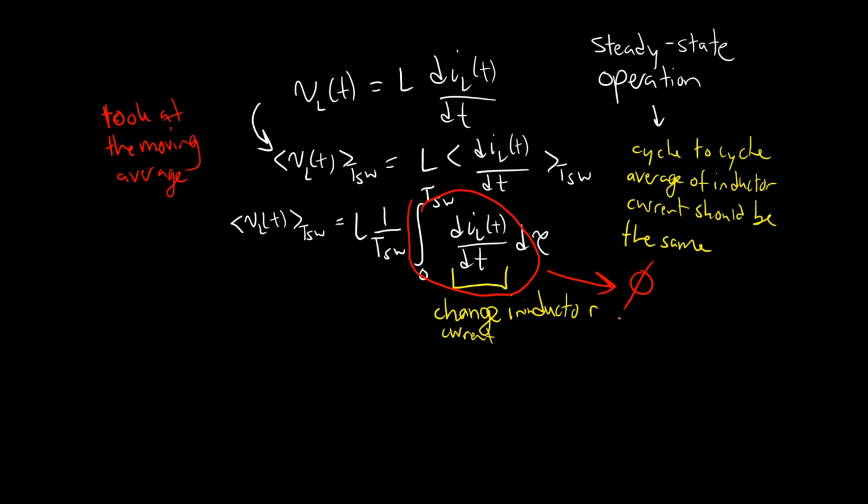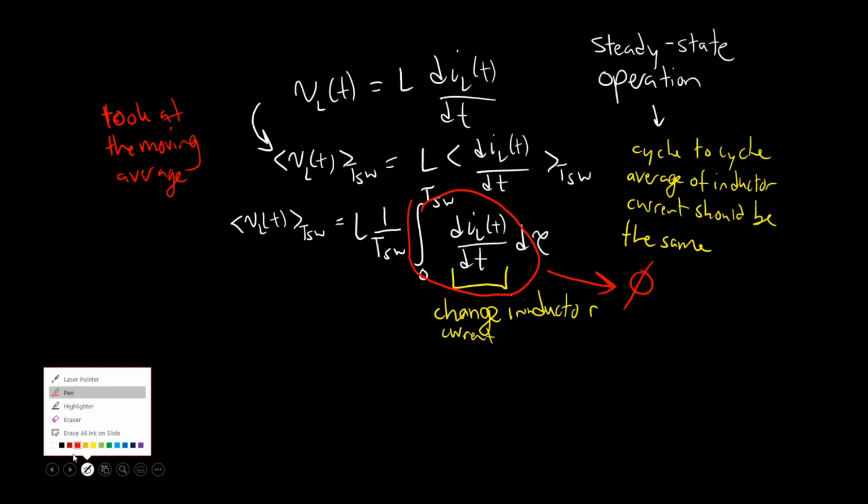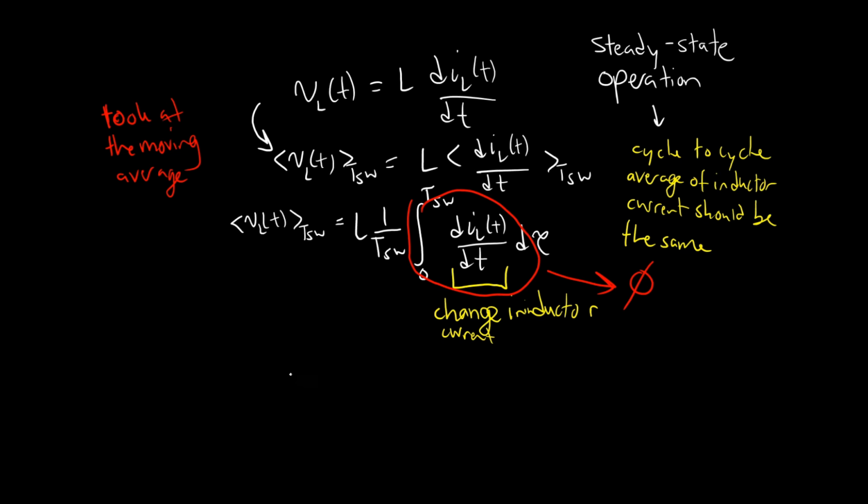So what does that mean? It means, written out in the really nifty way, the average change in inductor current over one switching cycle is 0 if we're in steady state. If we're operating in steady state, the average of VL of t is 0. The average volt-seconds applied to an inductor over one switching cycle is 0.